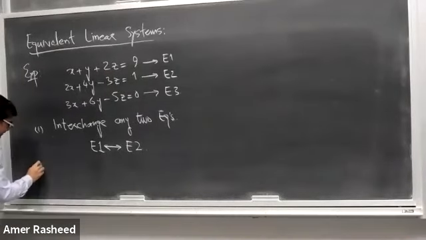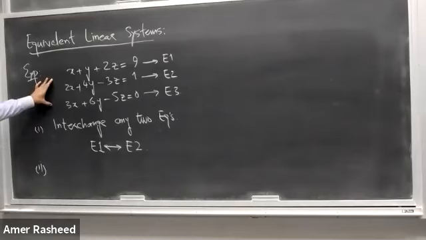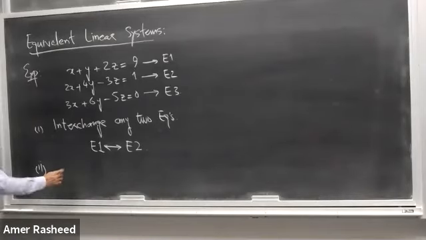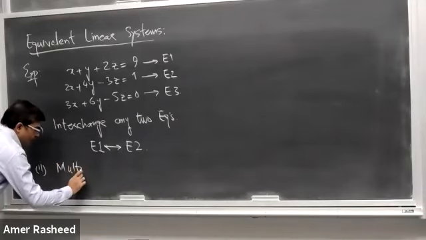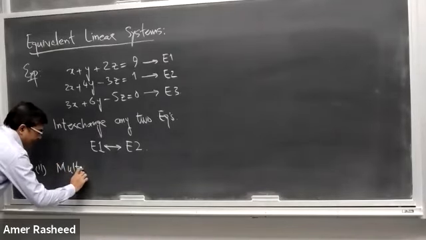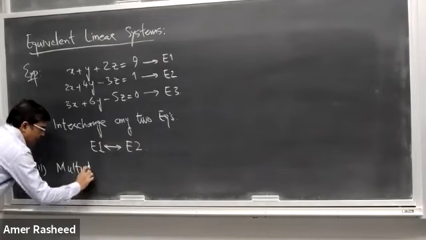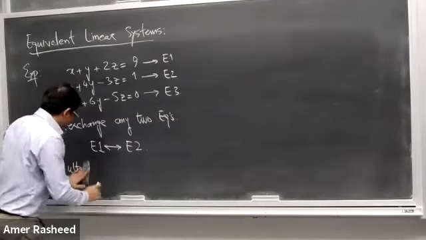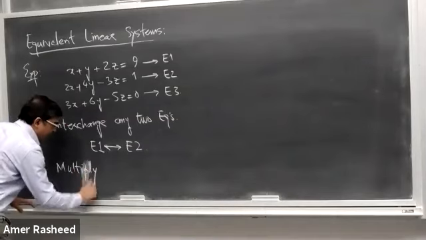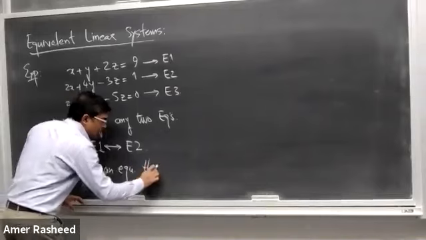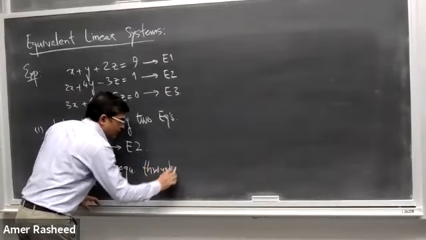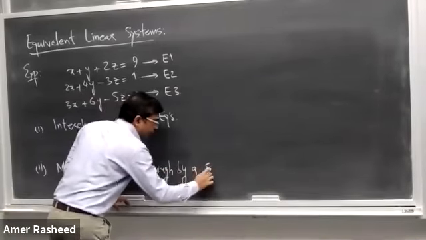The second operation which is allowed in order to solve the given linear system simultaneously, and which doesn't change anything, is to multiply an equation by a constant.